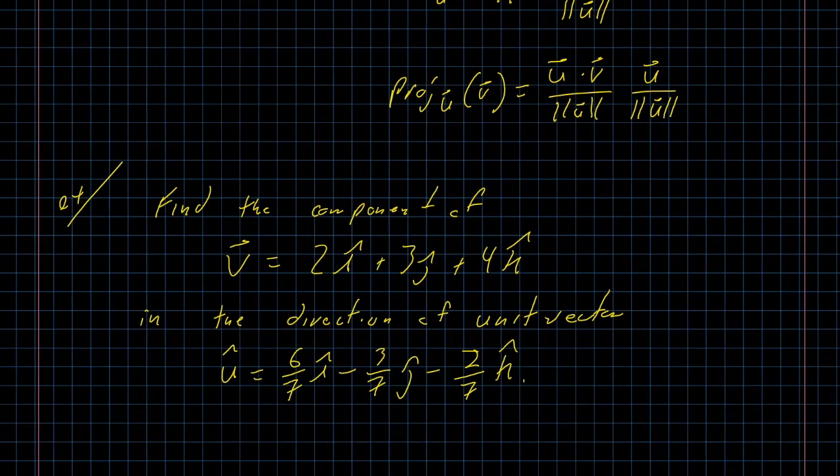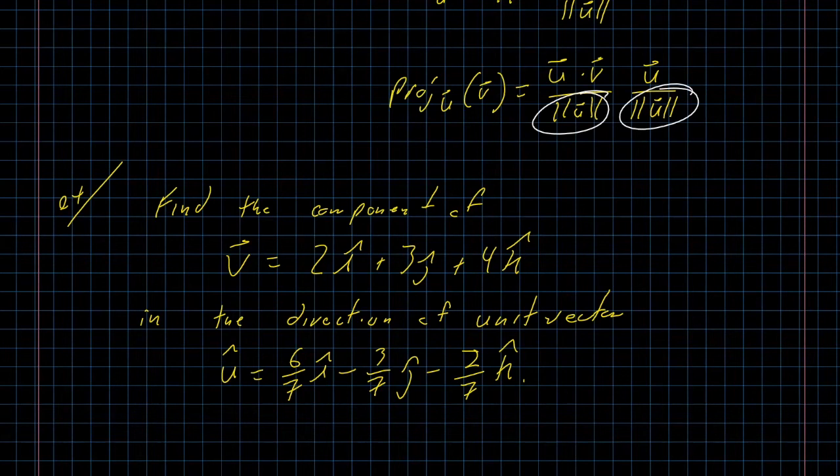And so again, we have a unit vector that we are looking at, which really makes the calculation here easier because these magnitudes are going to be 1. But don't just take my word for it. You should look at that vector and make sure that it is in fact a unit vector.